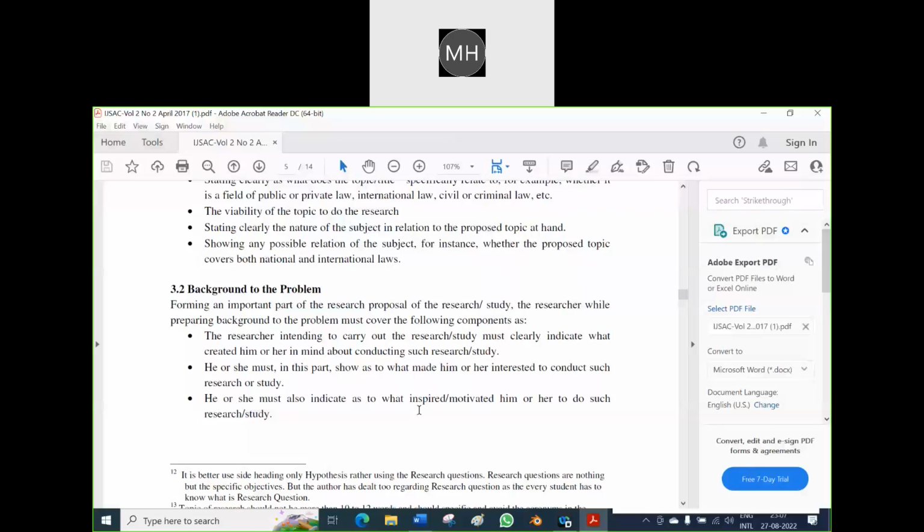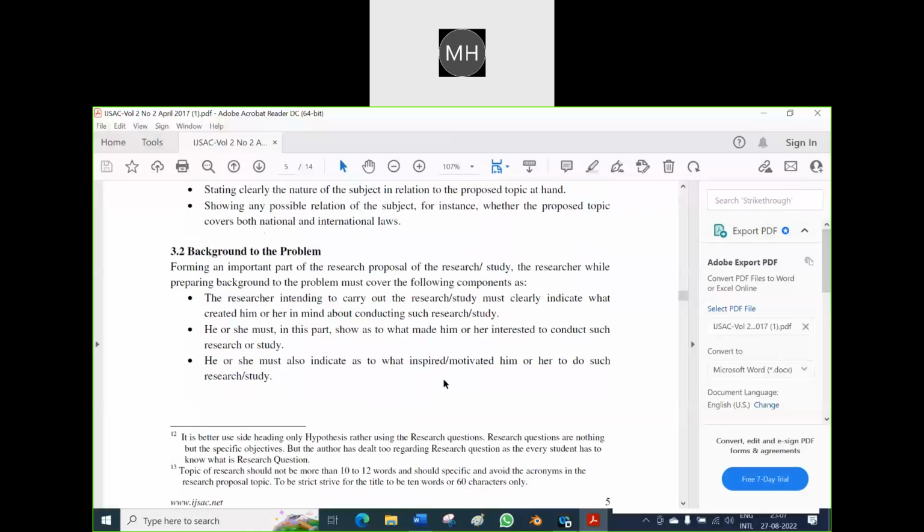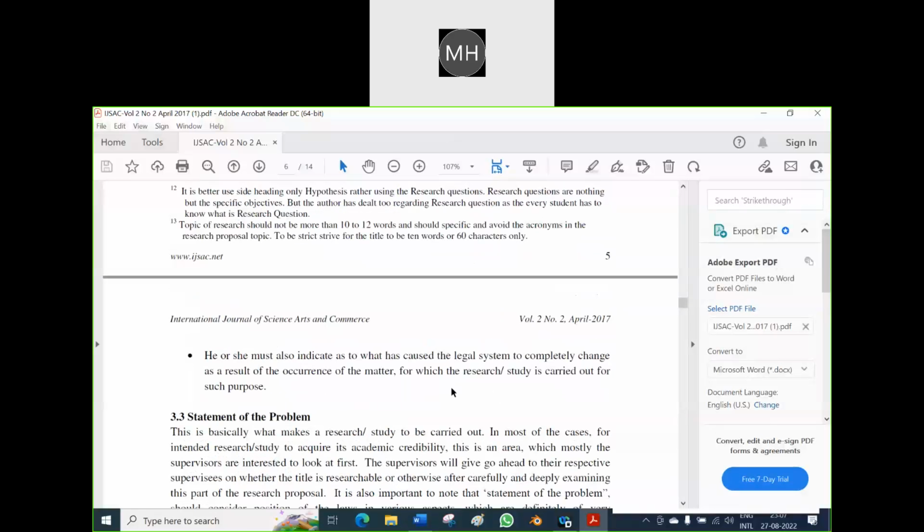Next, he or she must also indicate what inspired or motivated him or her to do such a research study. The last point is he or she must also indicate what has caused the legal system to completely change as a result of the occurrence of the matter for which the research study is carried out for such a purpose.